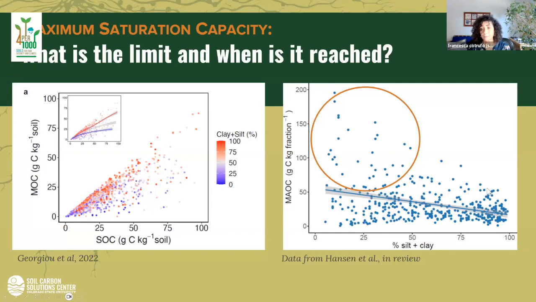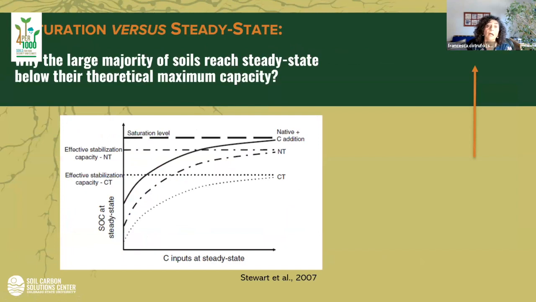And so again, saturation is an issue mostly for the coarse textured soils. But I would say that if the theoretical saturation is an issue, it's more important to understand why even natural soils don't reach that saturation point. Why do we see that a lot of soils stabilize and reach steady state without reaching their capacity? And here, Cathy Stewart pointed to the native capacity, but actually I would say that that's a theoretical capacity.